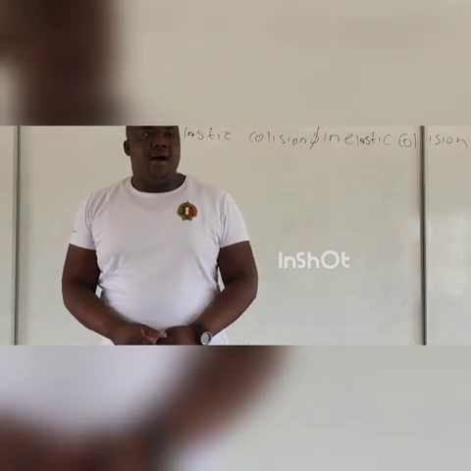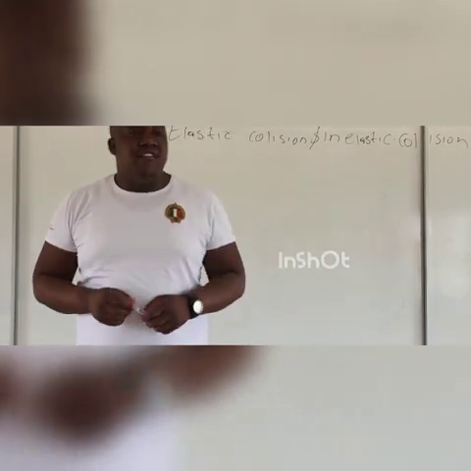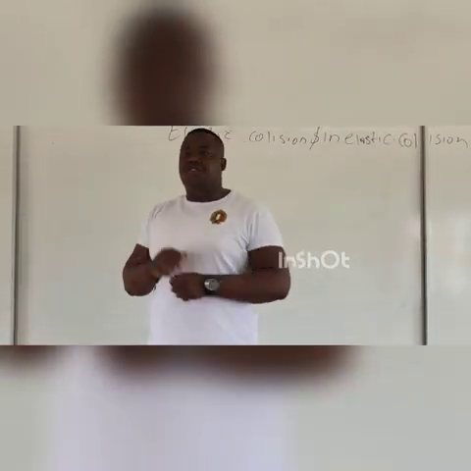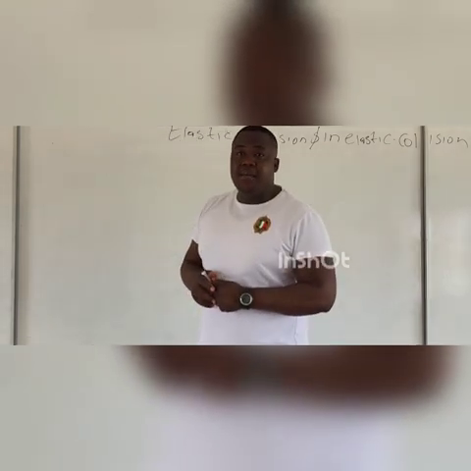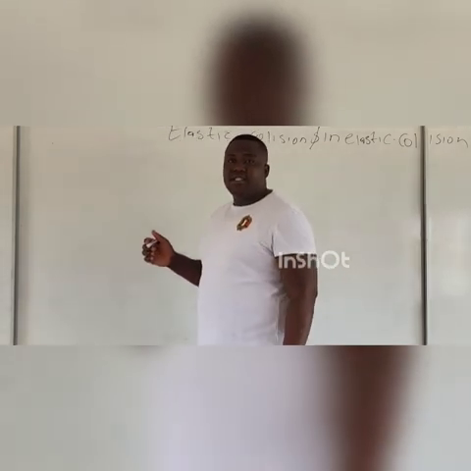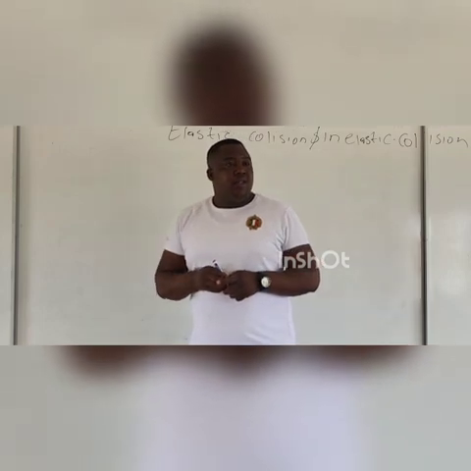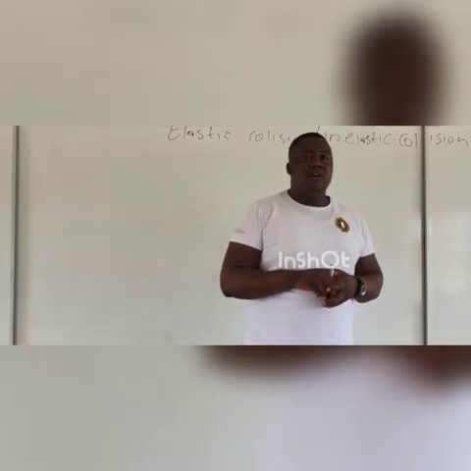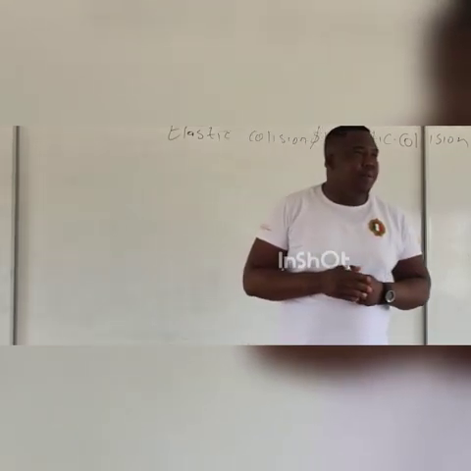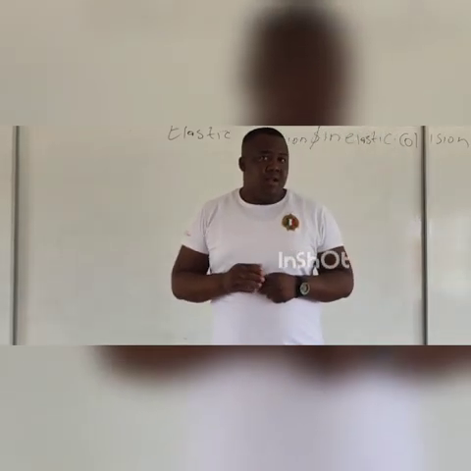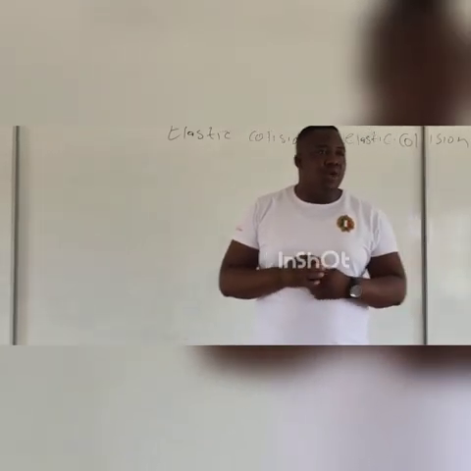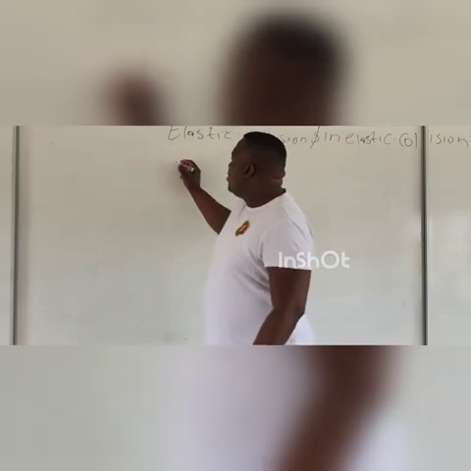If you remember, when we write the formula of the conservation of linear momentum, it states that total momentum before is equal to total momentum after. Why? Because momentum is going to be conserved.